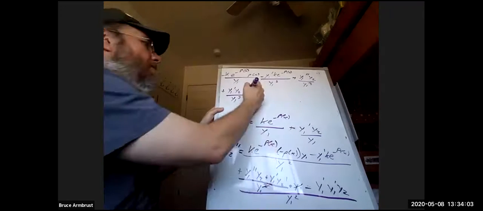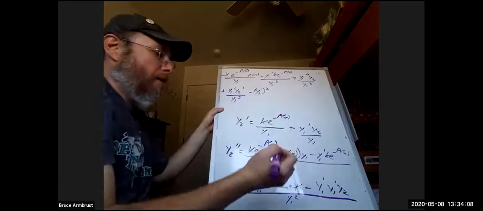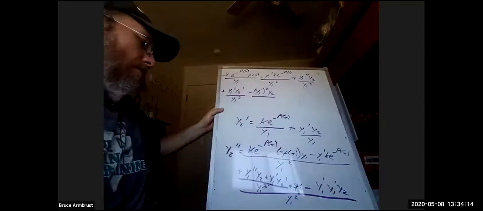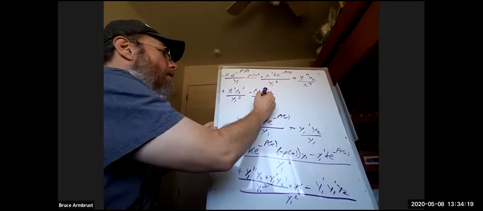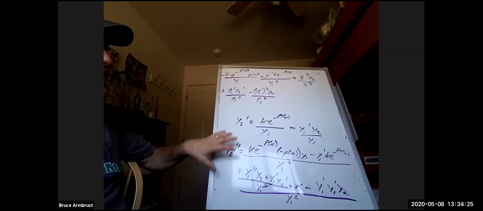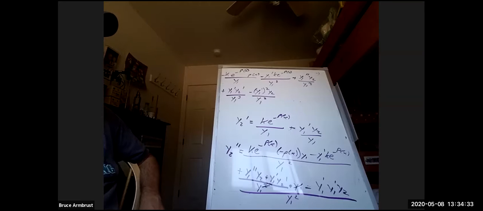And then the other piece is going to be minus y1 prime squared times y2, and that's going to be over y1 squared. So I'm pretty sure that's what we get when we plug in y2 double prime. I am not really confident at this point, but I think we got everything.